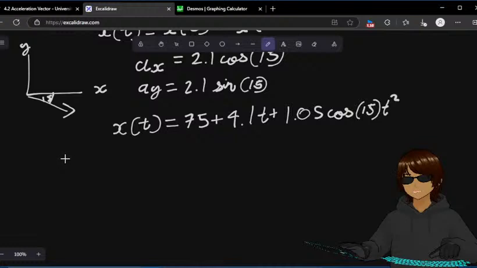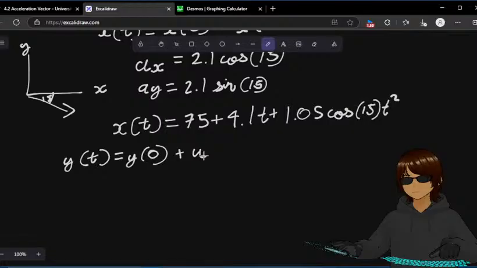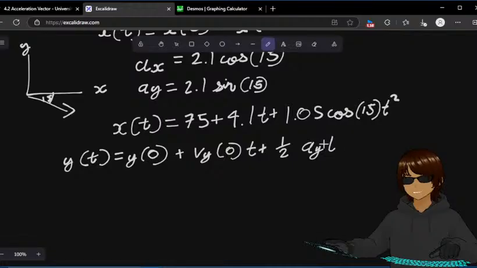And then we have the y direction. We have velocity in the y direction, ut plus half at squared.